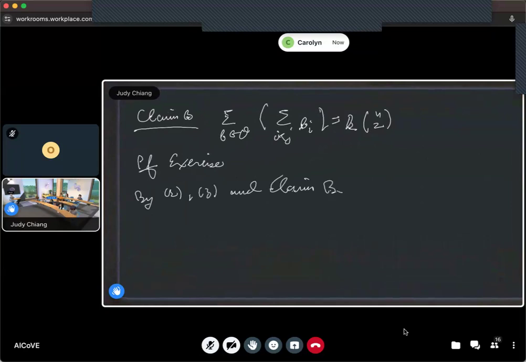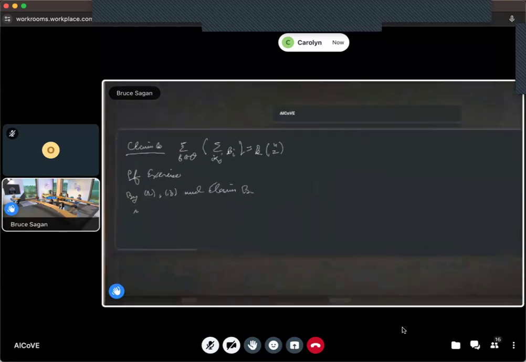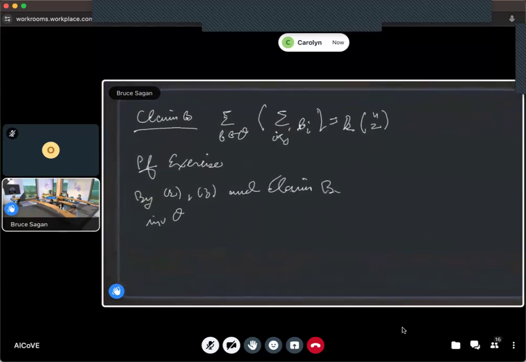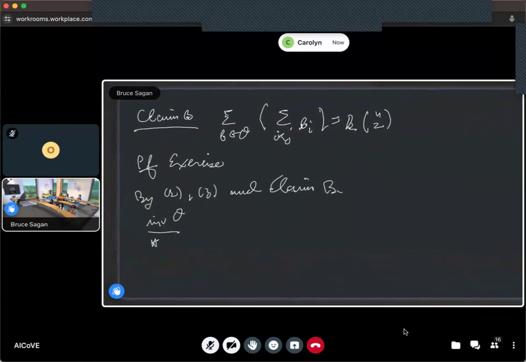Let me just move this a little bit. What is our average? Well, it's equal to 1 over n, and then we had kn choose 2 for the first term, and we had n times k choose 2 for the second one.